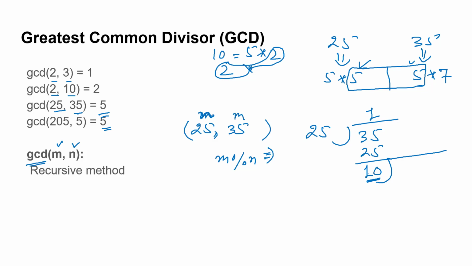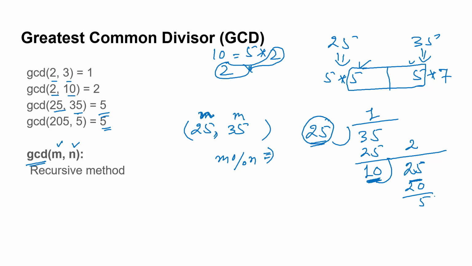Now the divisor will be the remainder, and I will divide the divisor that I had earlier. Since earlier my divisor was 25, now I'll use 25 as the number, and I'll divide that by the remainder that I have here, 10. When you divide 25 by 10, it goes 2 times, and you are left with the remainder 5.